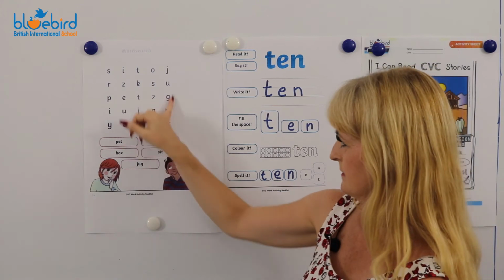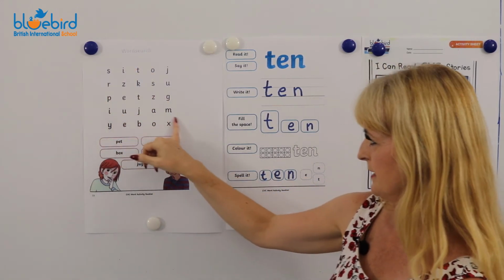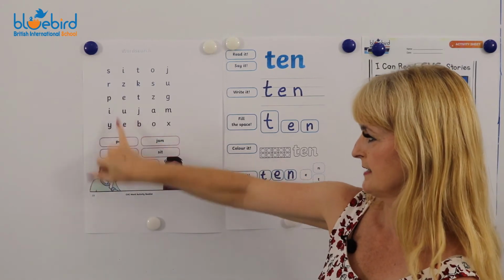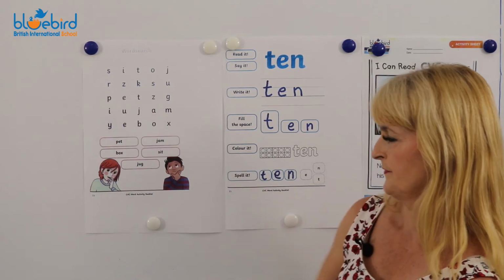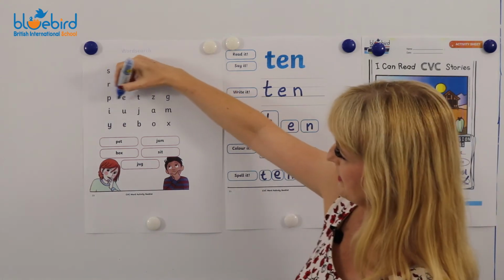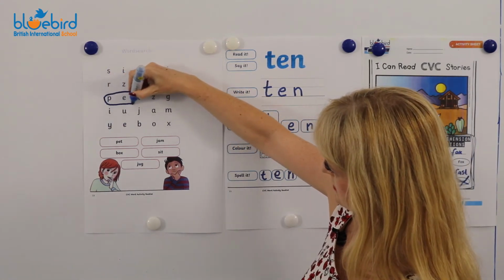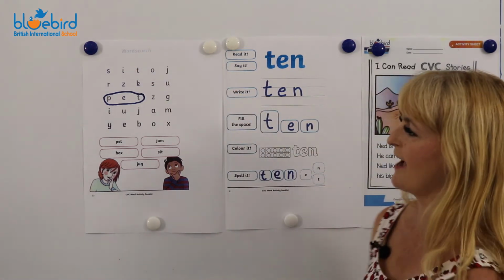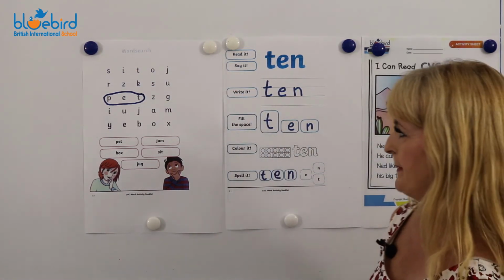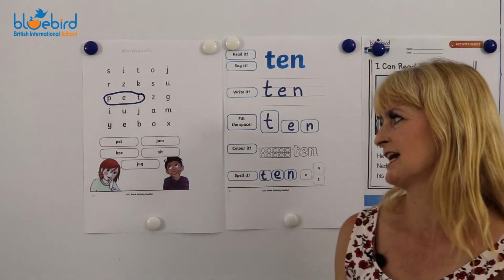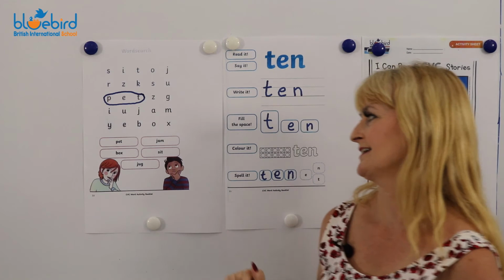Oh, there's one here. Then I need a t. You can either draw a line across it or you can draw a bubble around it. So we have pet. Okay, let's move on.